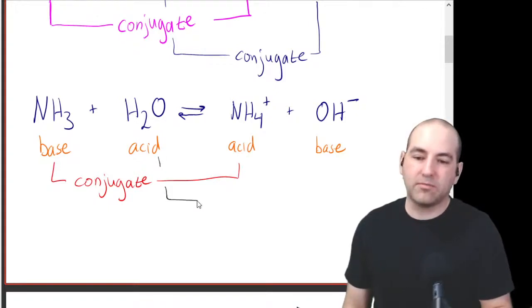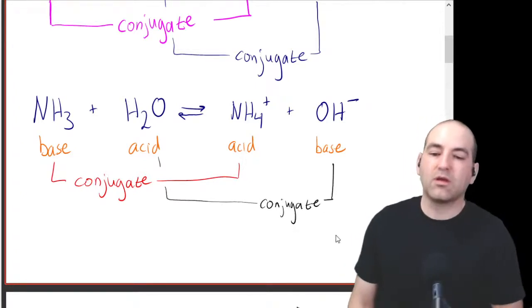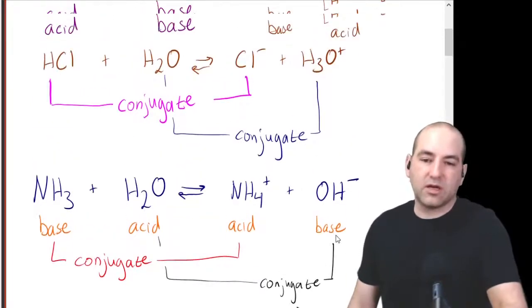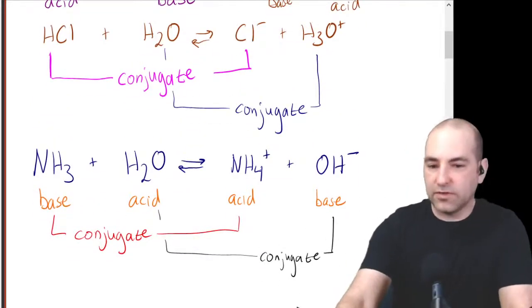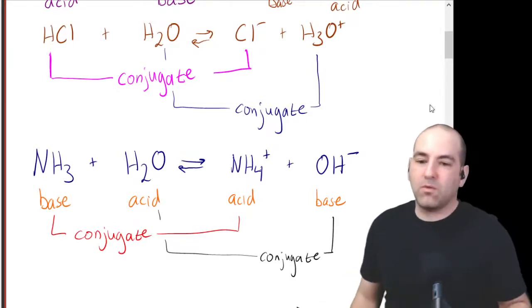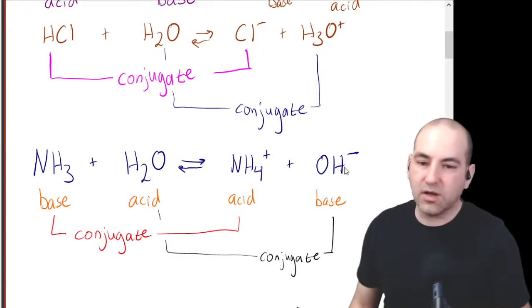And then the water and the hydroxide are also conjugate. So let's take a look at these together, if we can see everything. How does this work then if water and hydronium are conjugate, but then water and hydroxide are also conjugate?